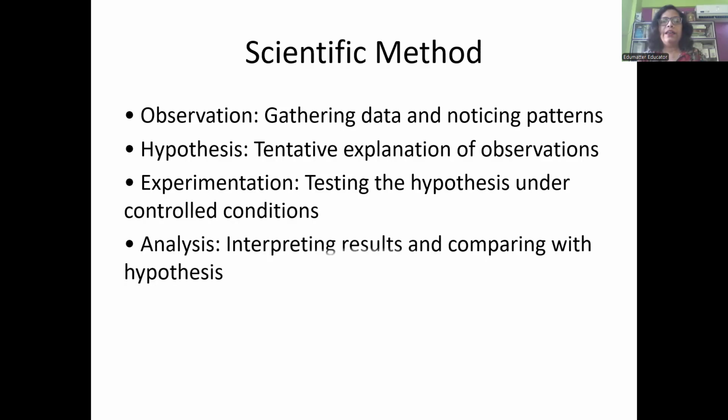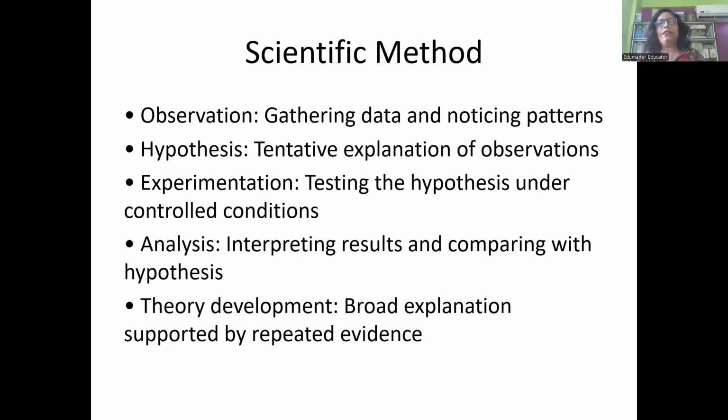Then again, data is to be gathered. That data will be gathered from that experimentation and they will be analyzed so as to interpret the result of experiment. And then this will be compared with hypothesis.